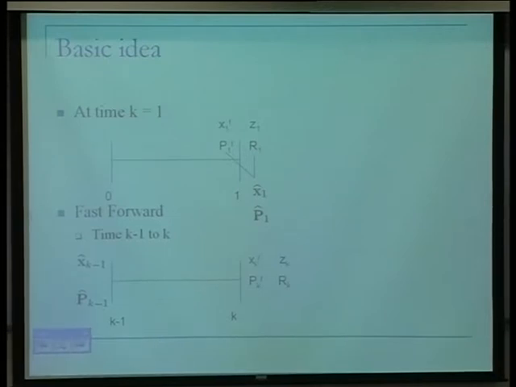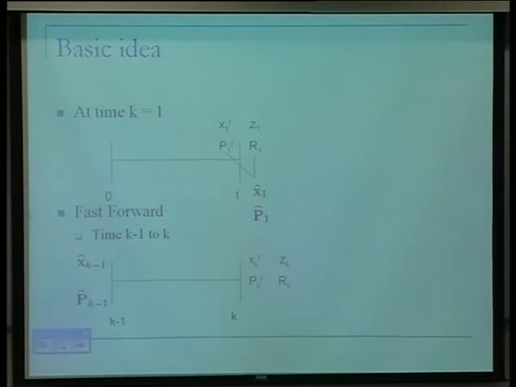In meteorology, they call this analysis. If you look at the meteorology book, they will say x_k^a, and we simply put a hat. Then x_k^f, that's the forecast. So we use the hat for the analysis and the f for the forecast. From here, if I apply the model, I get x_k^f.